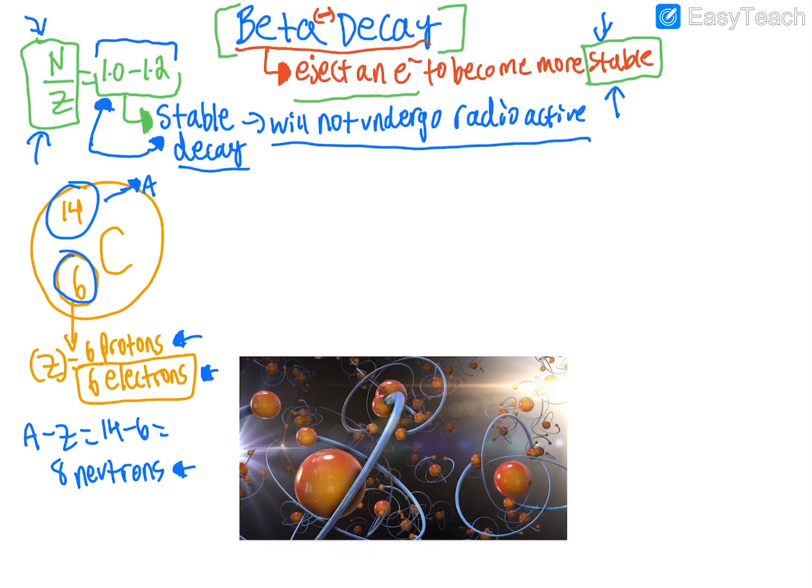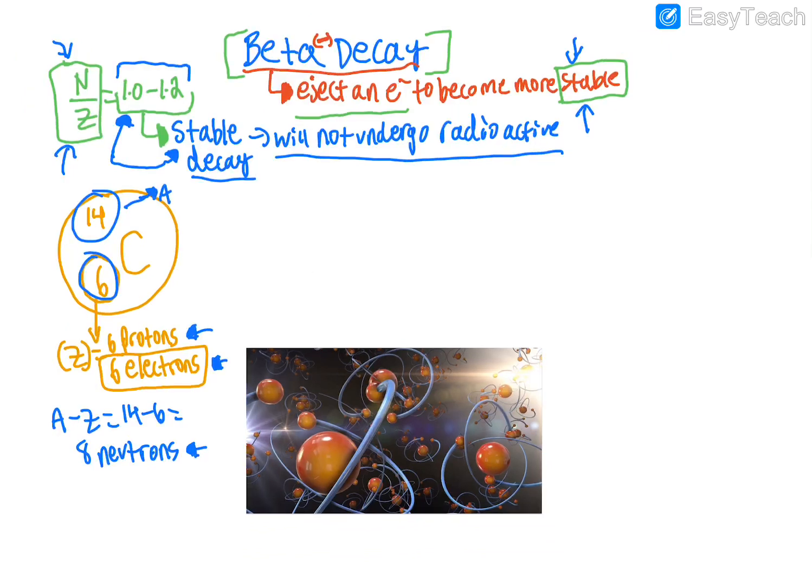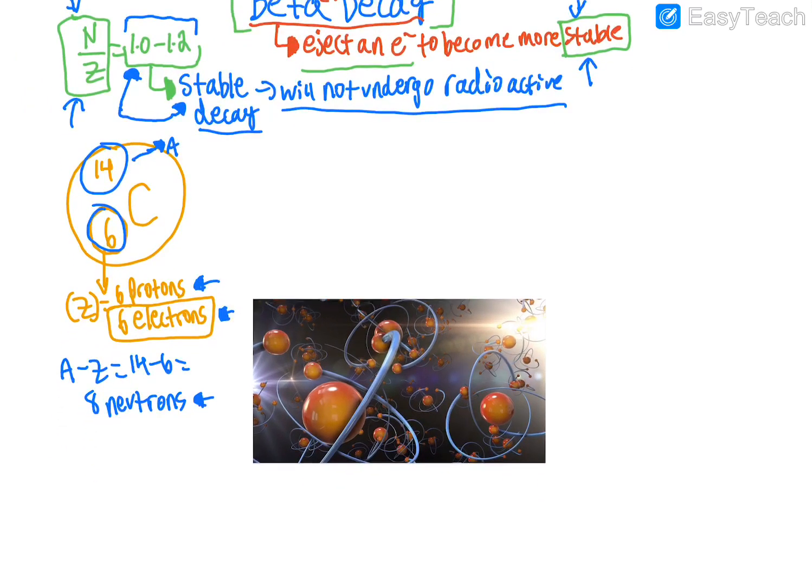Let's scroll down a little because we're running out of space. The neutron to proton ratio for carbon 14 is the 8 neutrons we just calculated, divided by the 6 protons, which equates to about 1.33 repeating.